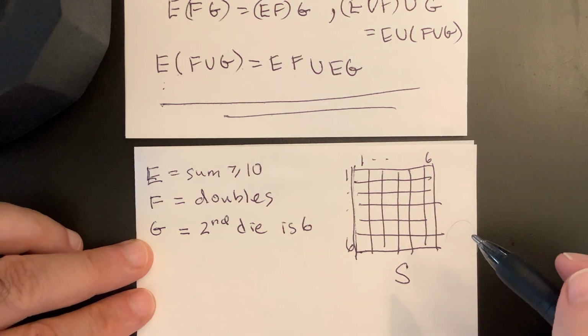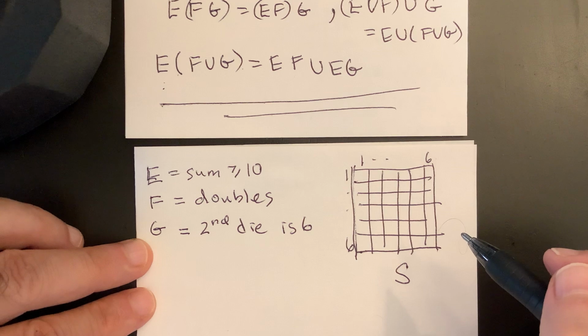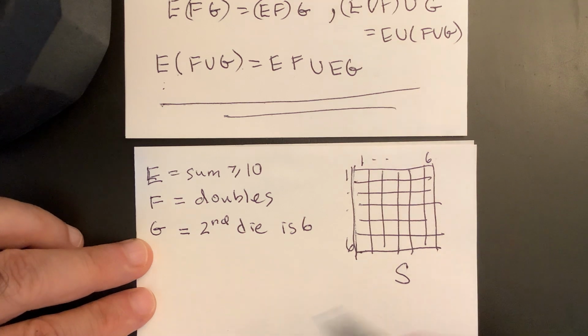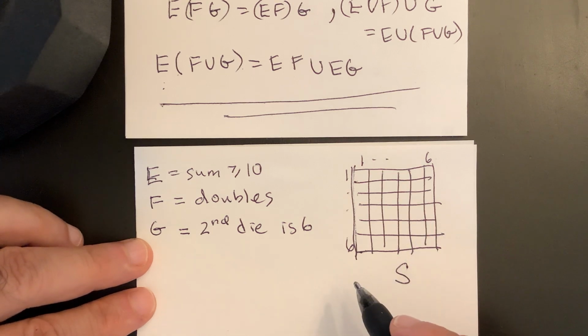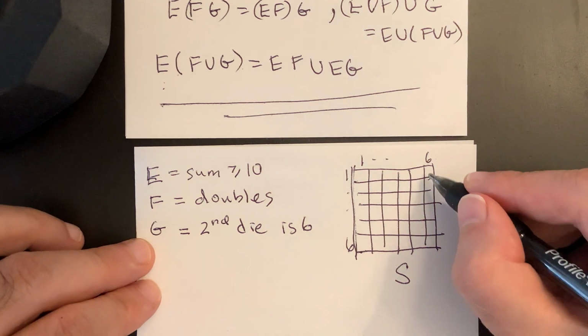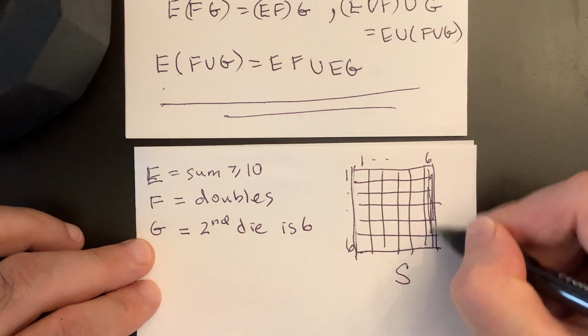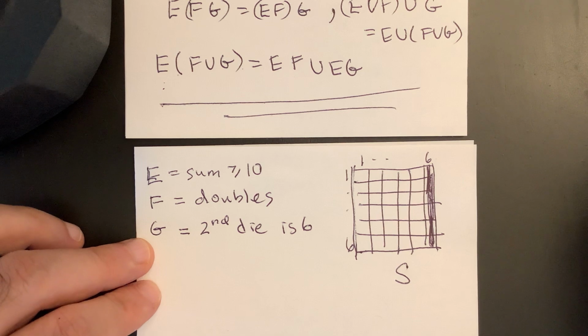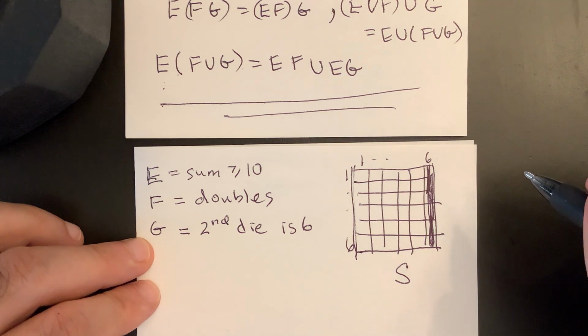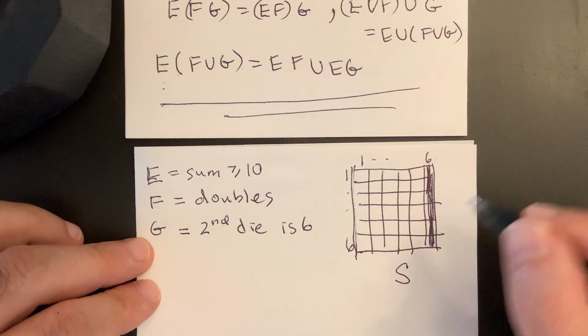So we can draw a picture of each of these and do it graphically, more or less. Second die is 6, so G here is like this. This is G. I don't want to clutter the drawing, if I had different colors. Doubles, same of each, right? So 1, 1, 2, 2.